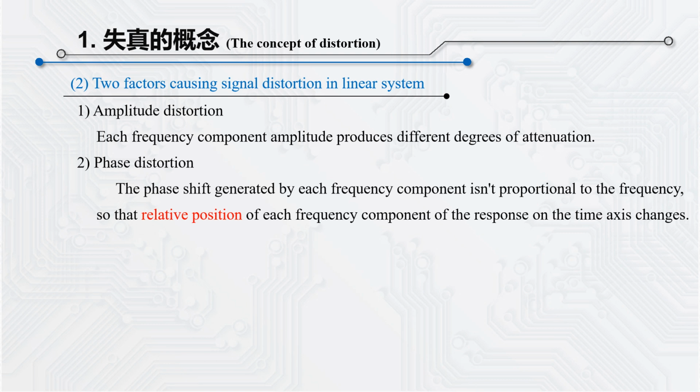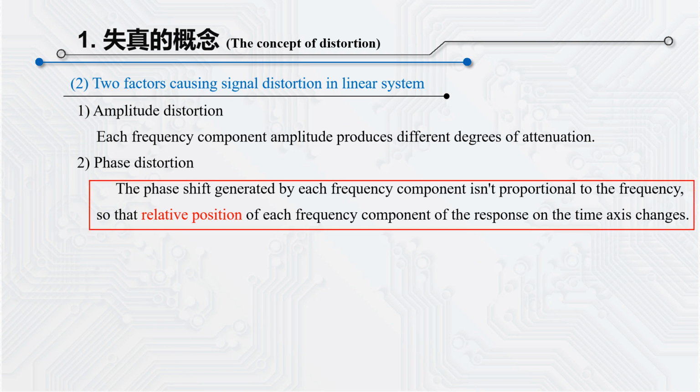Well, for linear systems, what are the factors that cause signal distortion? On one hand, amplitude distortion causes signal distortion. If the amplitude of each frequency component attenuates in different degrees, the signal will be distorted.